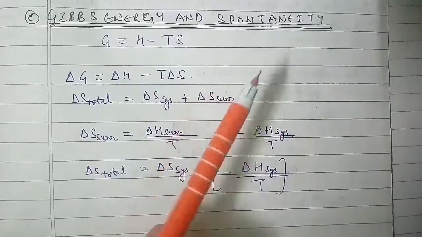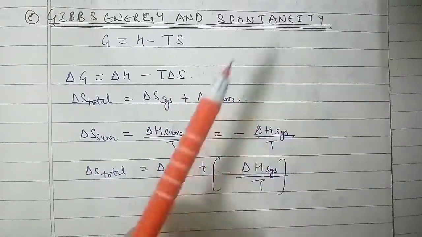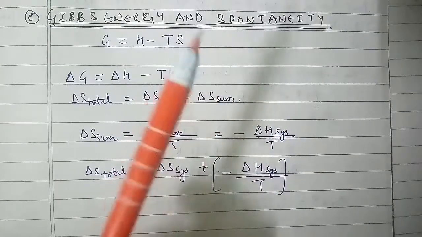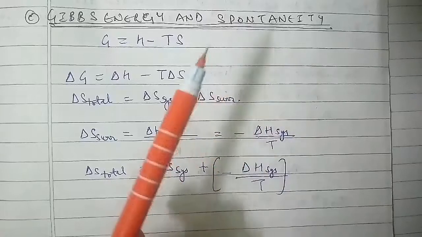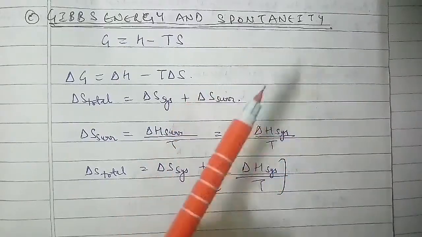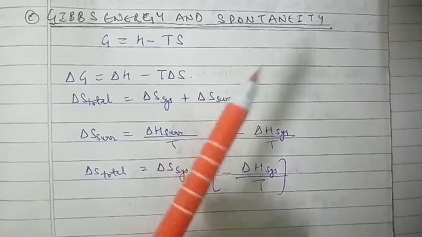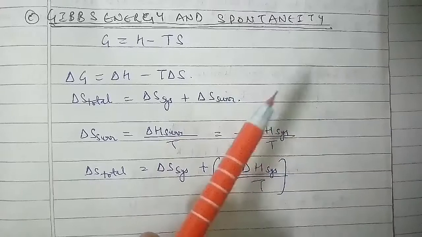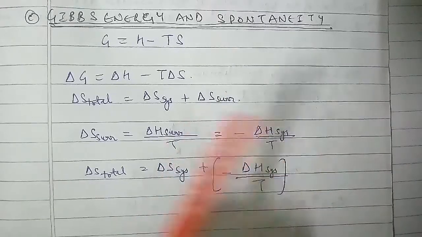Now let us consider delta G in relation to delta S total, which equals delta S system plus delta S surroundings, where the system is in thermal equilibrium with the surroundings. Then the temperature of the surroundings is the same as that of the system, and the increase in enthalpy of the surroundings equals the decrease in enthalpy of the system.